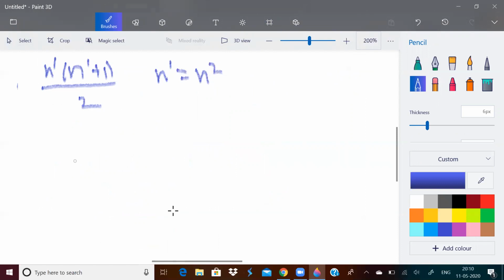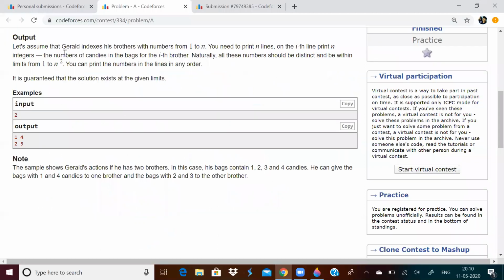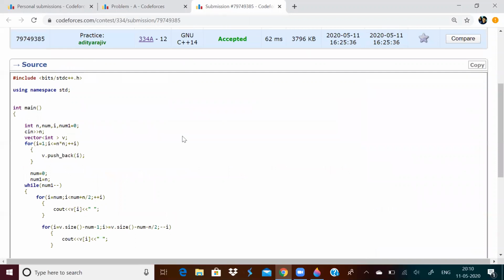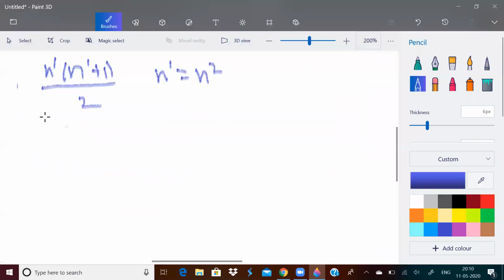Now we have to print n lines, and on the ith line, we have to print n integers. How to do that? For example, let us take n equal to 4.